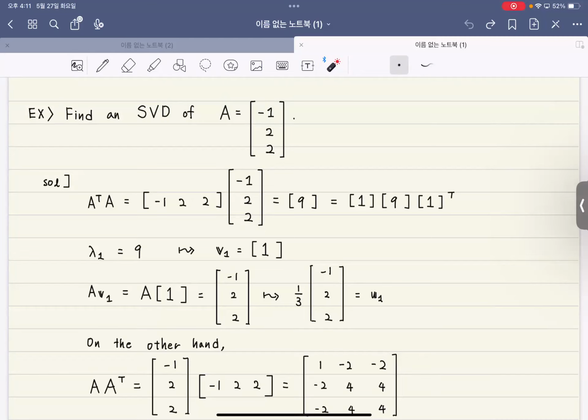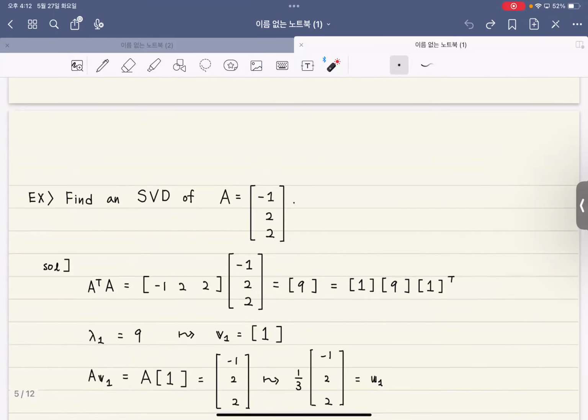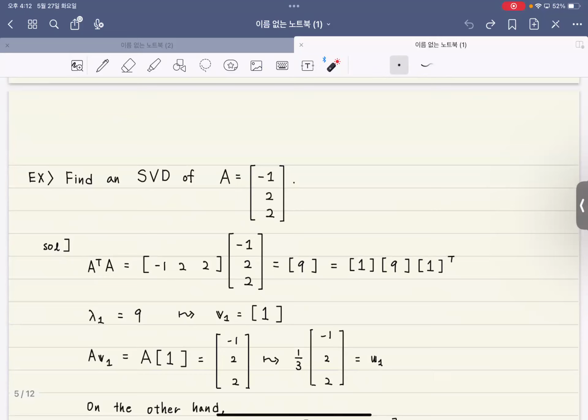All right. So in order to implement the singular value decomposition, first I will try applying the spectral theorem to A transpose A. So if this is A, then this is A transpose, and multiplying this, you have just a 1 by 1 matrix, which is just 9.